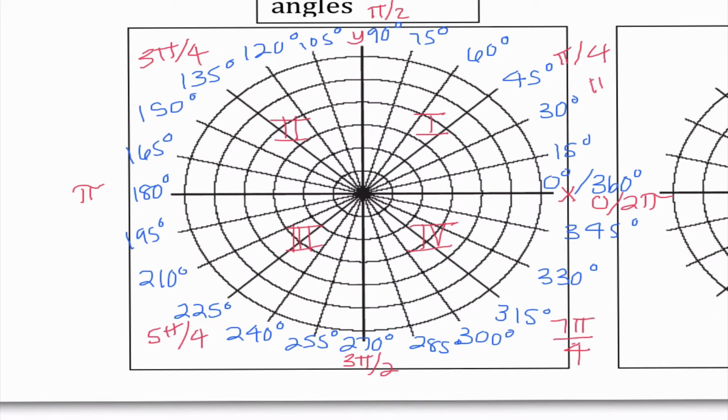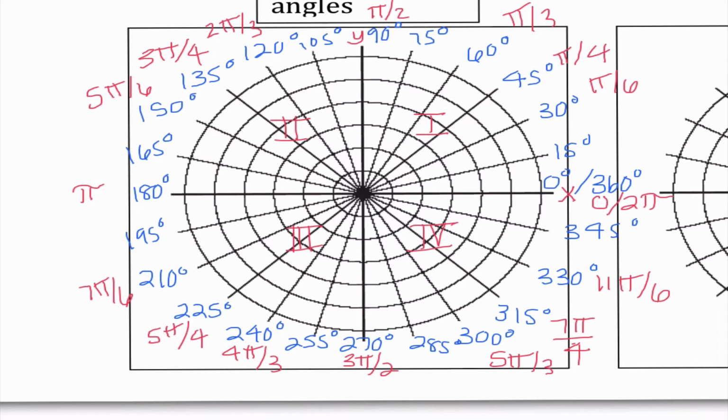Some other ones that we see quite frequently: pi over 6, pi over 3, 2 pi over 3, 5 pi over 6, 7 pi over 6, 4 pi over 3, 5 pi over 3, and 11 pi over 6.